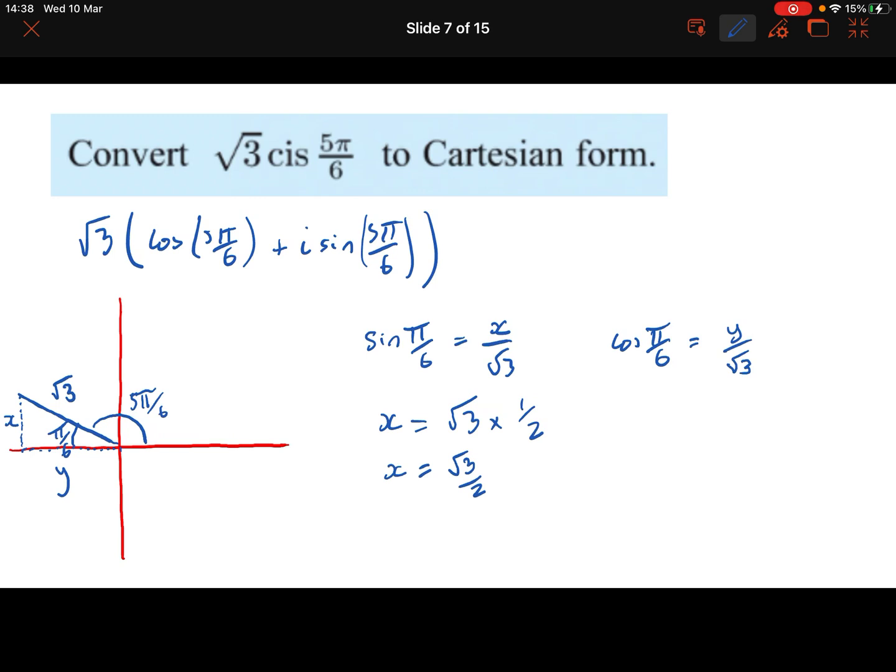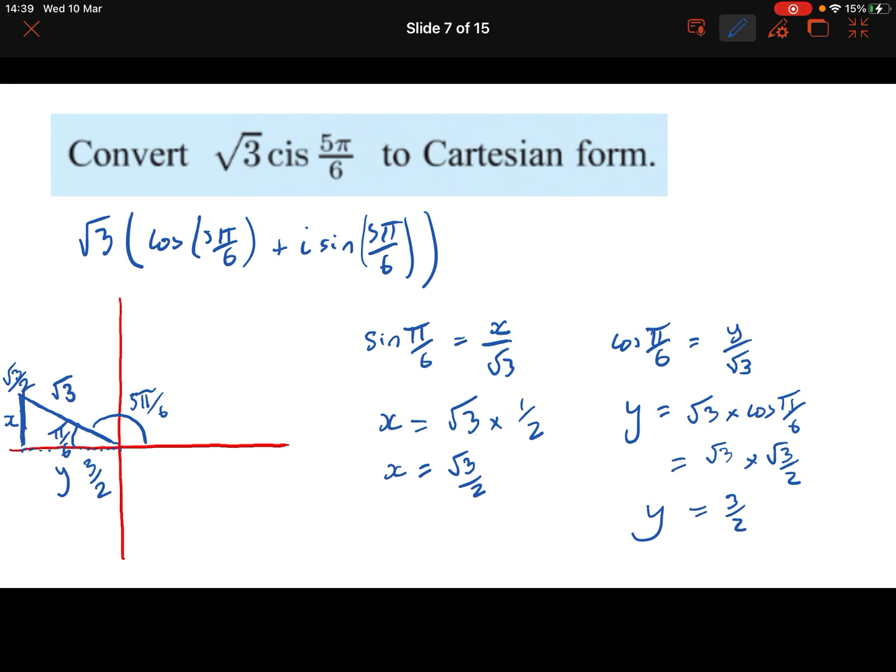I've done that right, yes, it's the adjacent over the hypotenuse. So y is equal to root 3 times cosine of pi over 6, which is cos of 30, which is root 3 times root 3 over 2, which is 3 over 2. So this is 3 over 2, and this is root 3 over 2, this distance here.